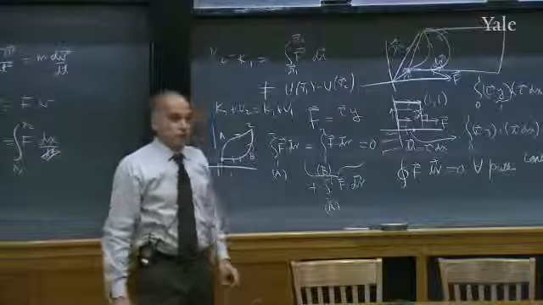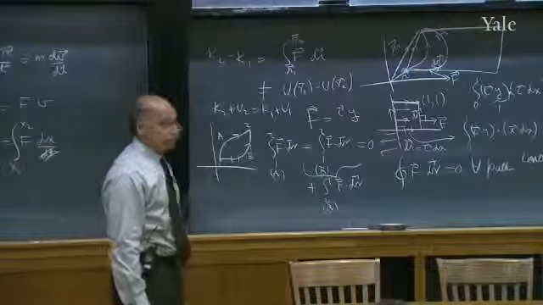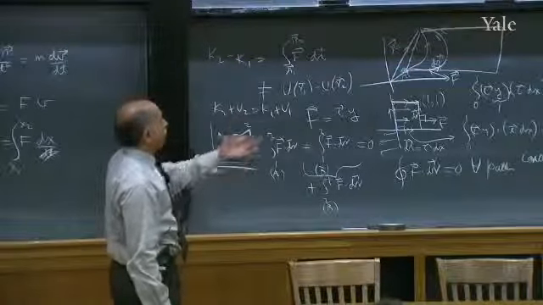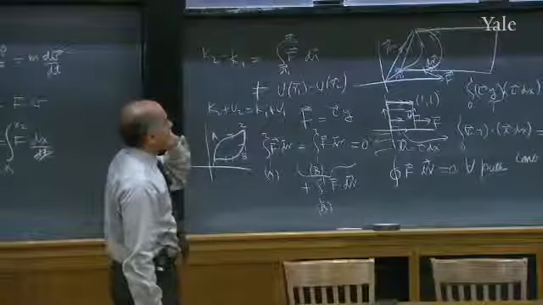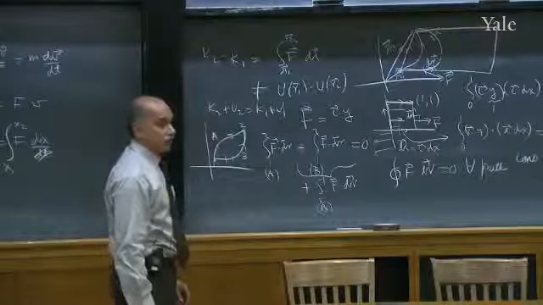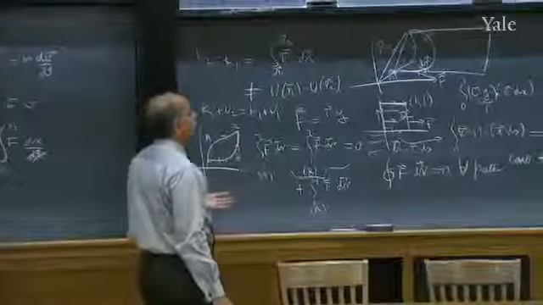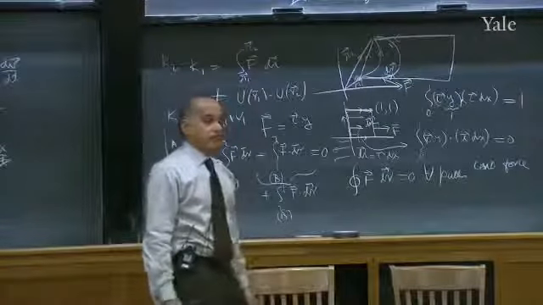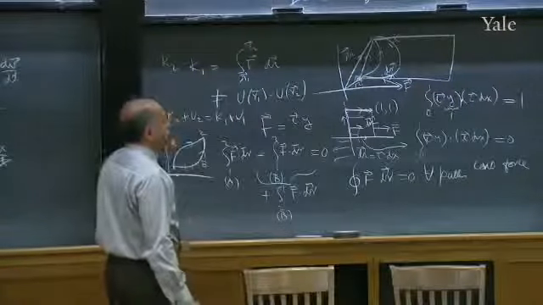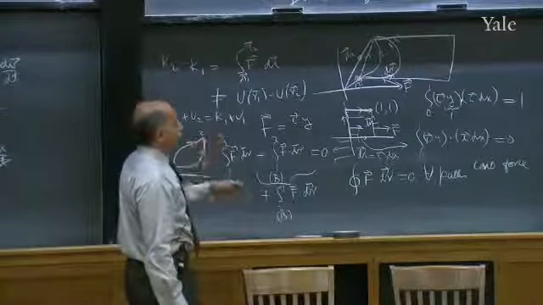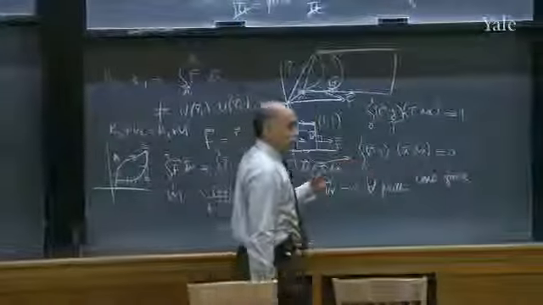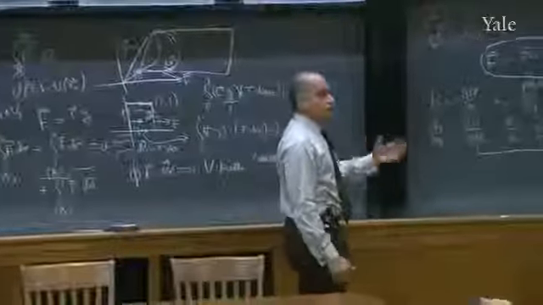Then you say, maybe there are some functions for which the answer depends only on the endpoints. Then we get a law of conservation of energy. And we found out that we can manufacture such functions at will by taking any function u, taking its gradient, or minus the gradient. Therefore, that's a way to generate conservative forces, and they are the only conservative forces there are. There are no other conservative forces which are not gradients of something.